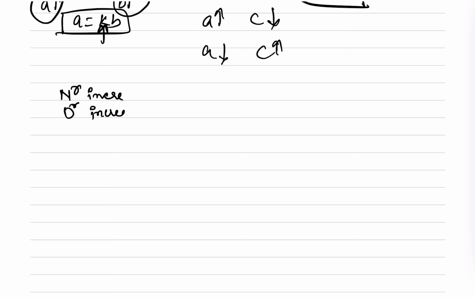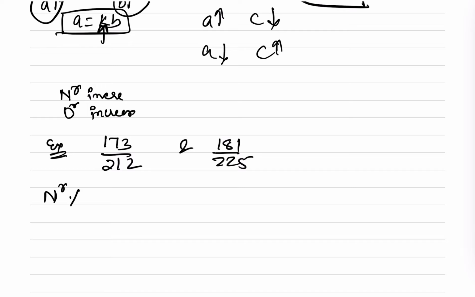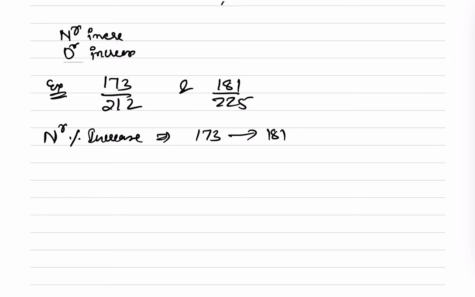For example, let's say what you have is 173 upon 212 and 181 upon 225. So let's say we find the numerator percentage increase. So what you will get is 173 to 181. This 173 to 181, if you calculate, is approximately a change of 4 to 5%.